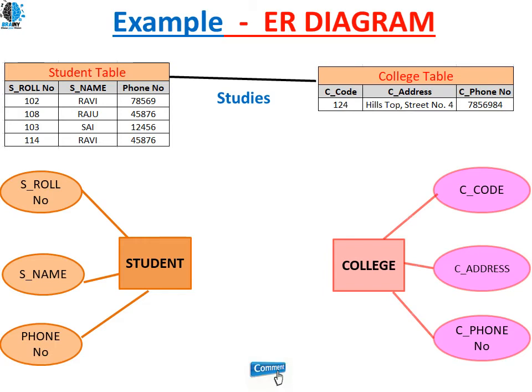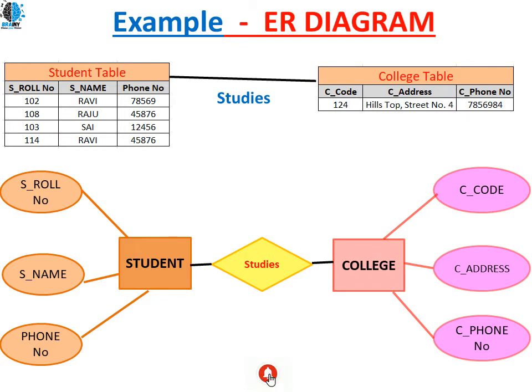All these are college entity attributes. In the above you can see the student table and college table. In the ER diagram we will have entities: student entity and college entity. Student entity has its own attributes, and college entity has its own attributes. Now what is the relationship? The relationship is that a student is going to study in a college. Student studies in the college. So studies will be the relationship between student and college.